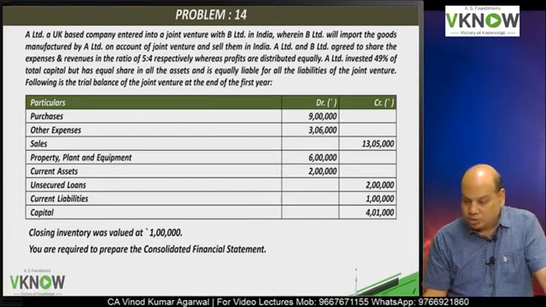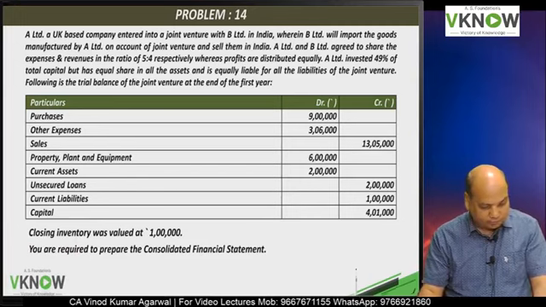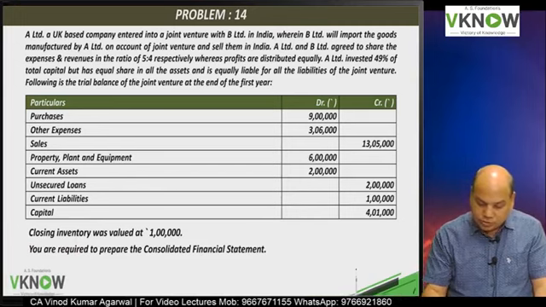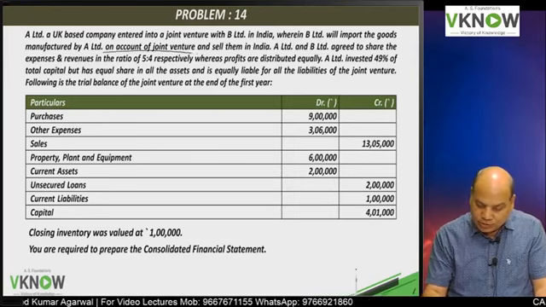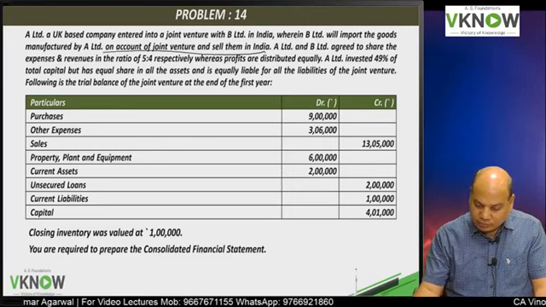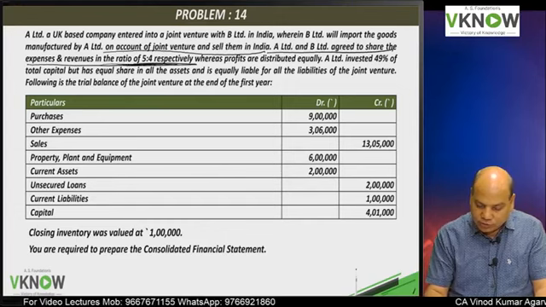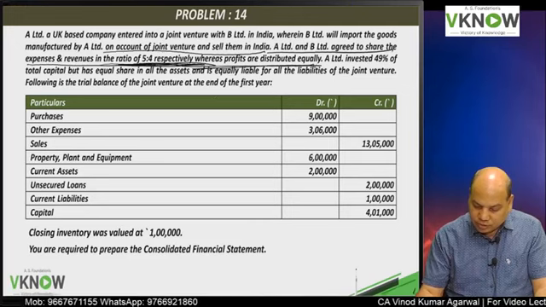A Limited, a UK based company, entered into a joint venture with B Limited in India, wherein B Limited will import the goods manufactured by A on account of joint venture and sell them in India. A and B agreed to share the expense and revenue in the ratio of 5:4 respectively, whereas the profits are distributed equally.